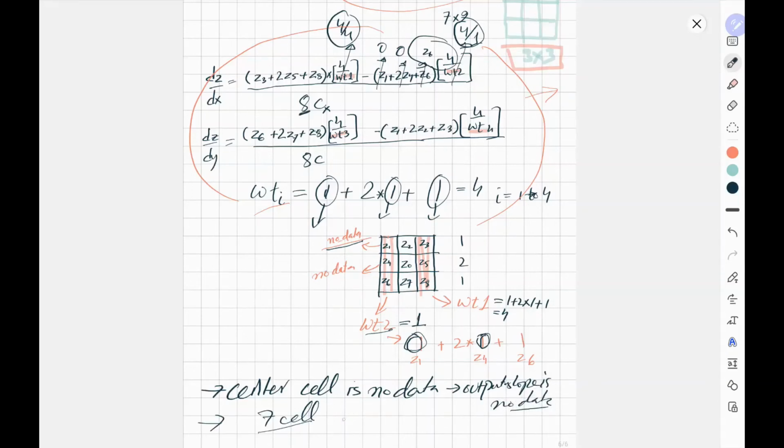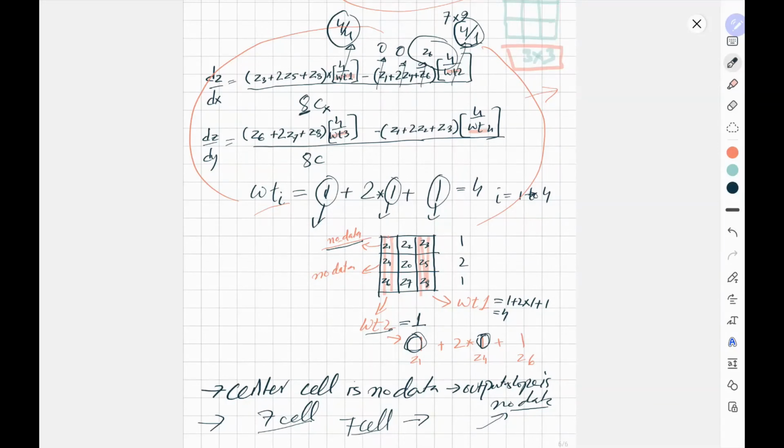And if there are fewer than 7 cells, the calculation is not performed and the result is also no data. So this is a general rule.